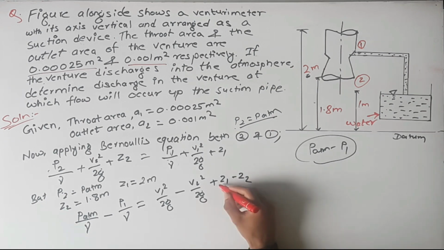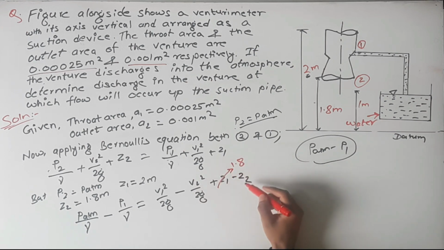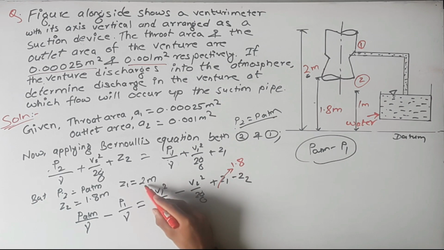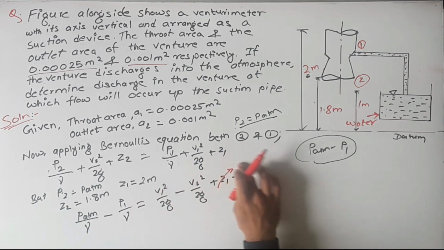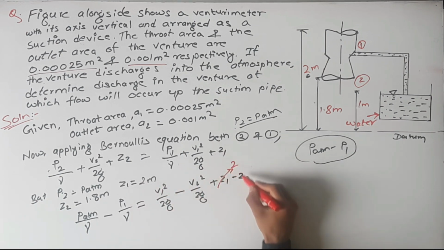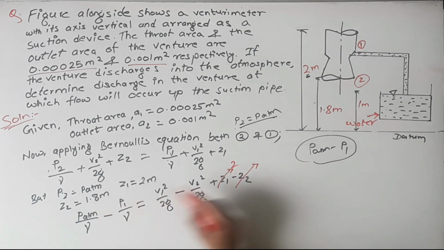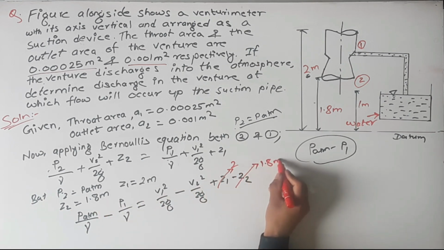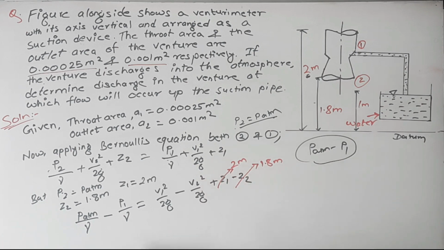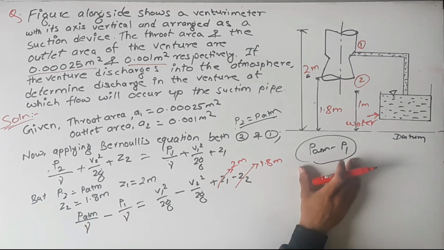Here in place of Z1 we can write 2 meter, and in place of Z2, 1.8 meter. And this PATM minus P1 is what we have to find first.